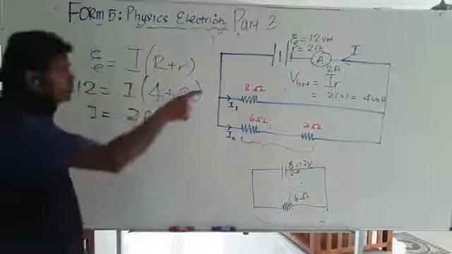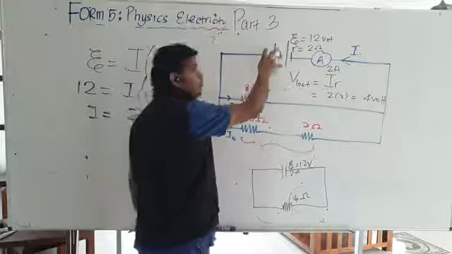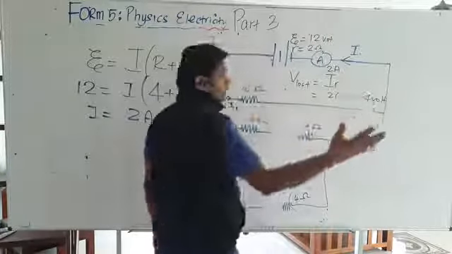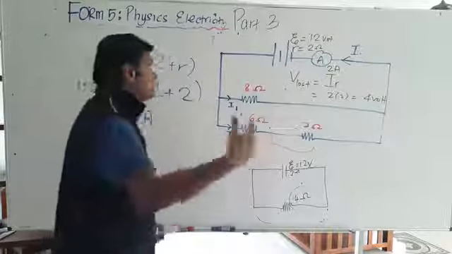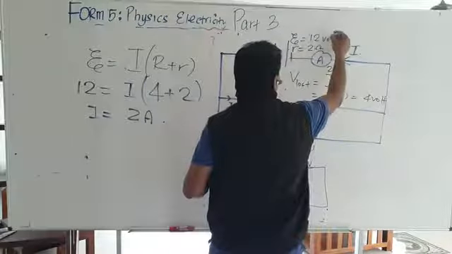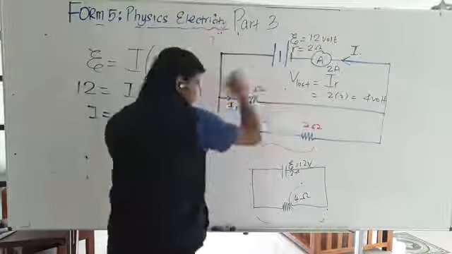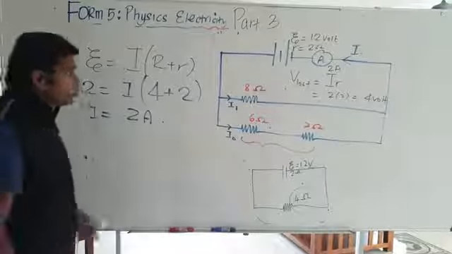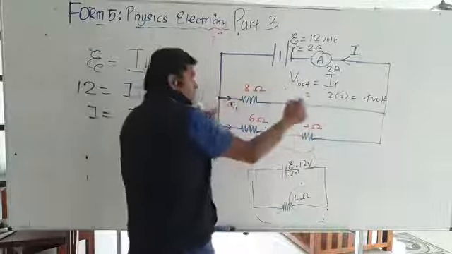Now, if 4 volt is used up in the battery, total supply 12, but 4 has been used up, what's the balance? The balance is 8, which means 8 volt now is available for outside. So what's the next concept here?